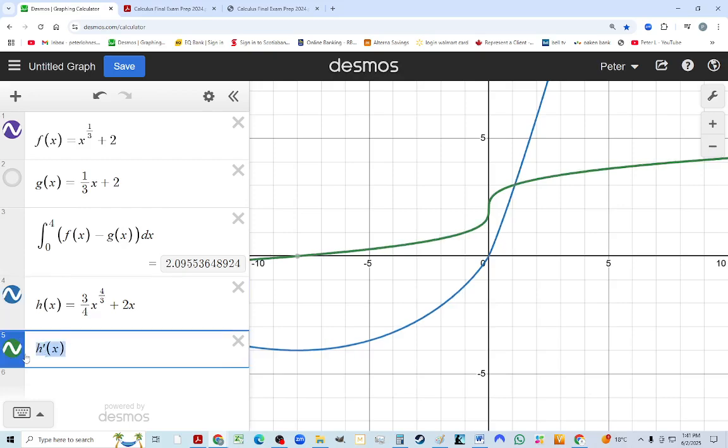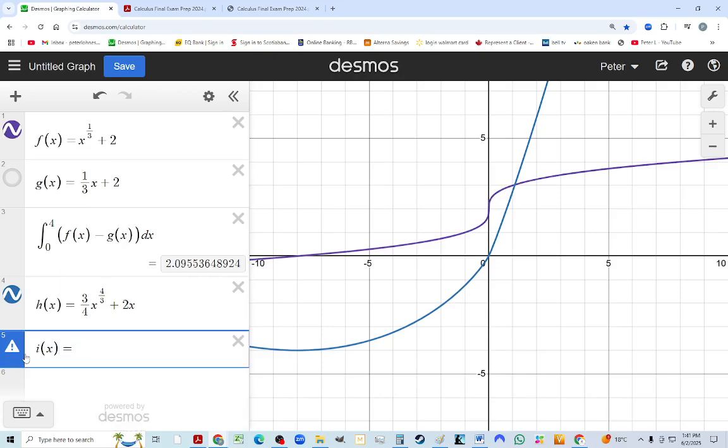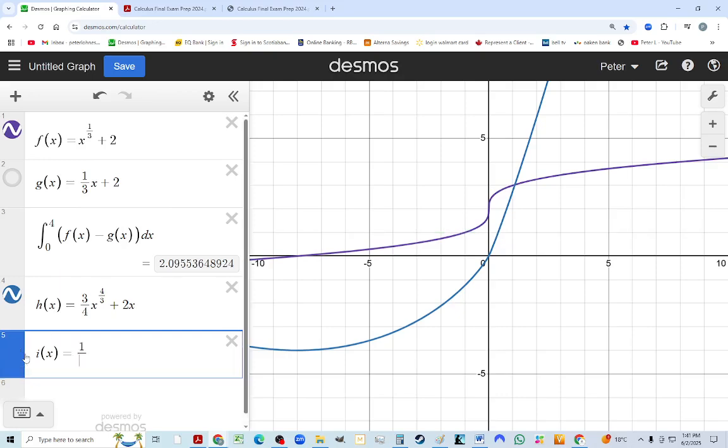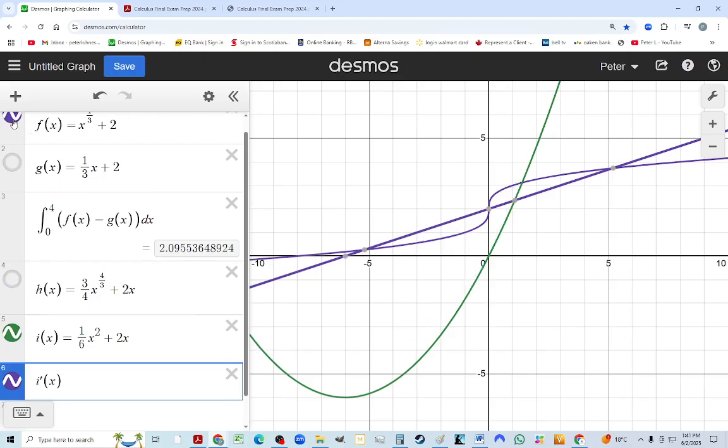And now I can prove the antiderivative of the other one, which is a little easier because it's just a line. And I can prove that is indeed the antiderivative by taking the derivative of it, and it will indeed match the line.